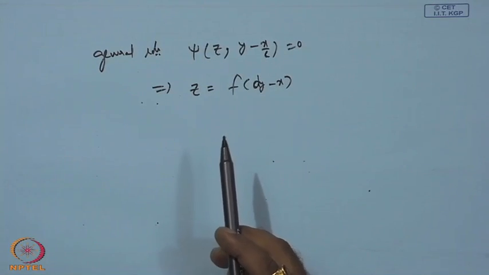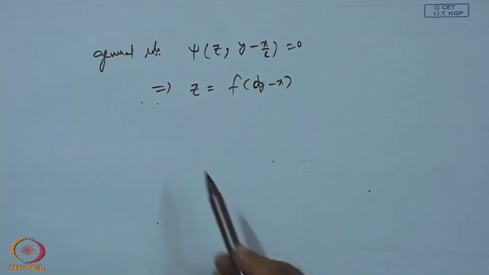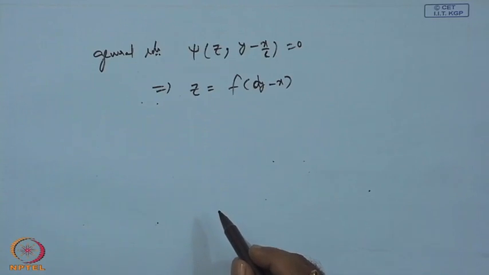But the bottom line is one should understand that once you write down the auxiliary equations, you get two families of curves, and by eliminating the arbitrary constants we generate the surface, which represents the integral surface. Okay.